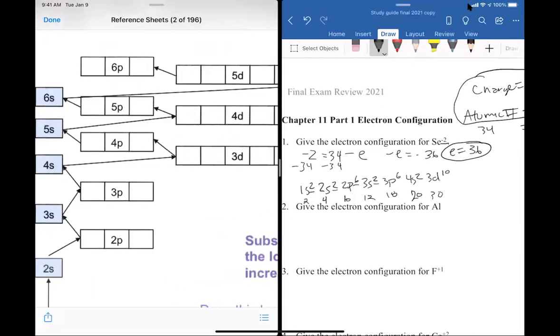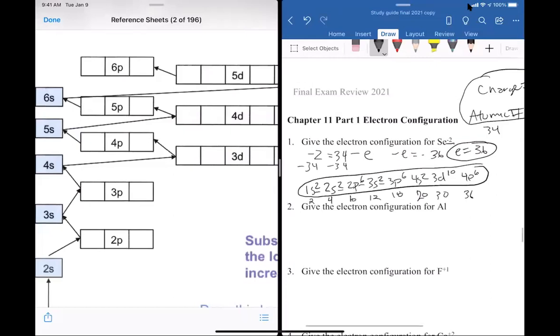We have 4p. We can fit 6. We want 6 more, and that would give us our 36 total. So this is your electron configuration, or the long notation, of Se minus 2. Questions on that one?